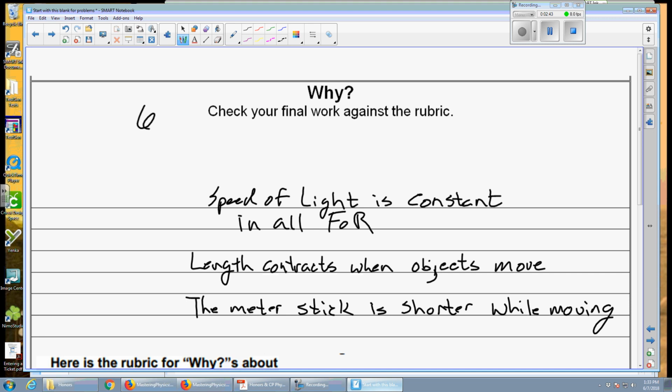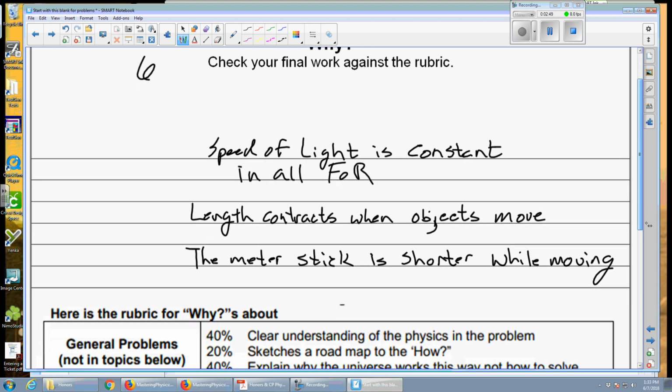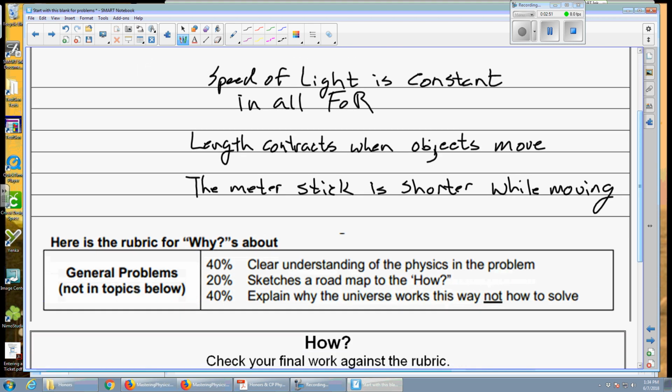And you could put that groundbreaking one of how long is the meter stick when not moving? 1 meter. Yeah. Some people may not realize that. So you might want to put that, the meter stick is 1 meter when not moving. Just to help out the people who need it.